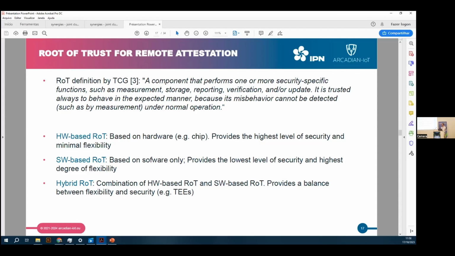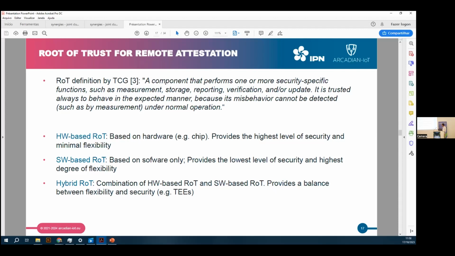There is also the other extreme, which is a purely software-based root of trust. And in this case, we have a lower level of security. It's easier for attackers to overcome the remote attestation. But on the other hand, you also have a higher level of flexibility. You are not delimited to a specific hardware.